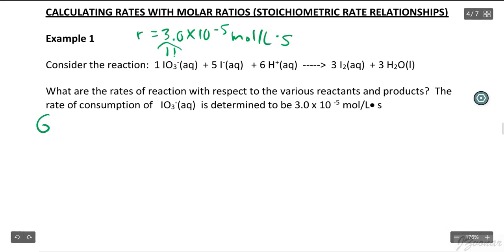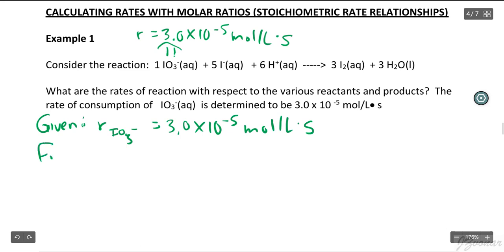So we're given this piece of information: the rate of the iodate ion is 3.0 times 10 to the negative 5 moles per liter per second.